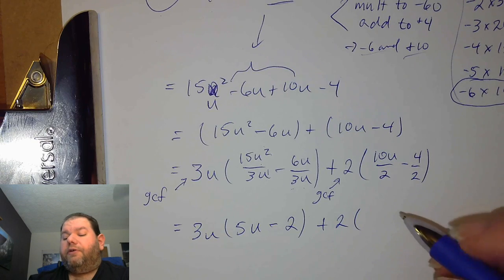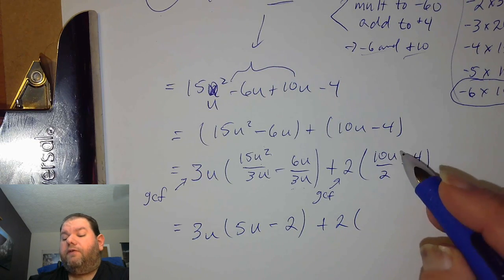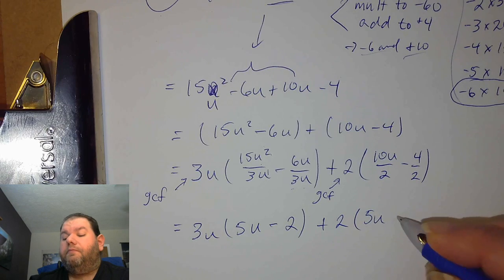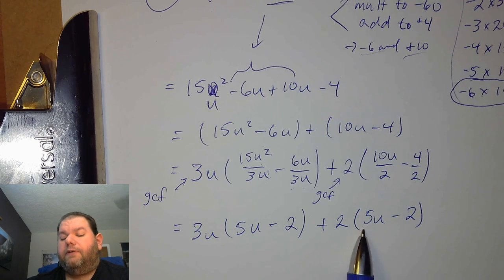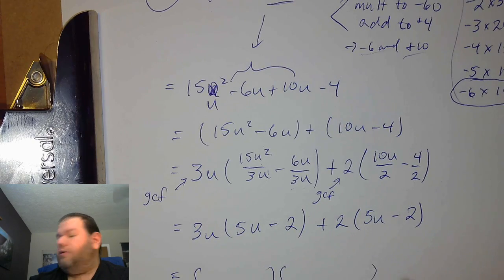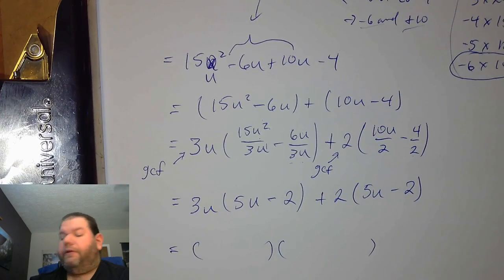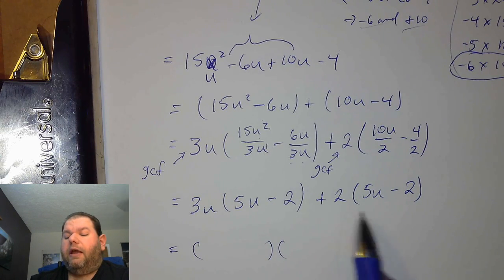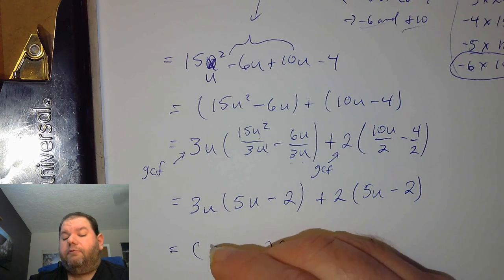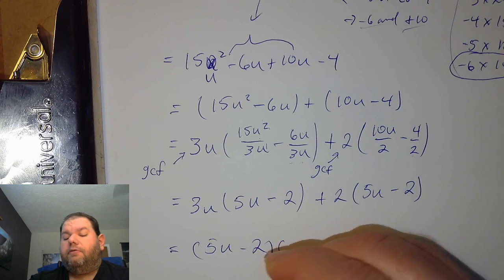Now after we factor out the 2 from this set of parentheses, 10u divided by 2 will leave 5u. 4 divided by 2 is 2. And now we notice that both of these have 5u minus 2 in parentheses. Because both of these terms have a 5u minus 2 in parentheses, we'll factor out 5u minus 2.